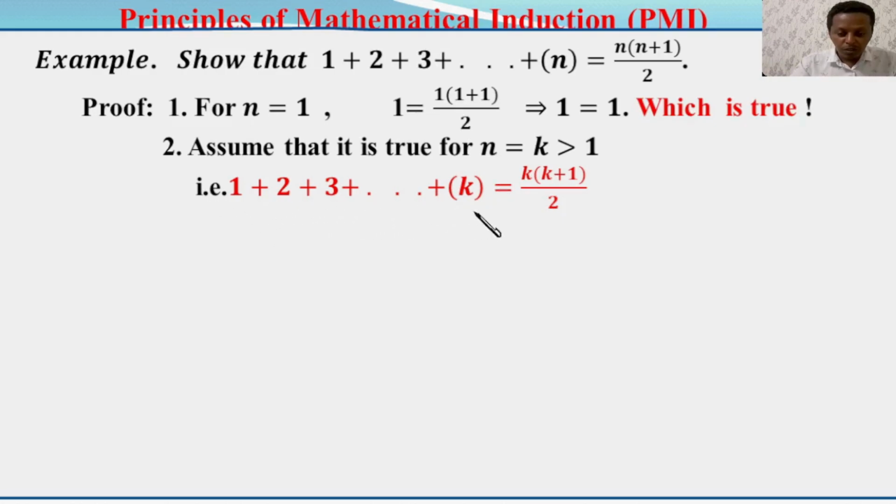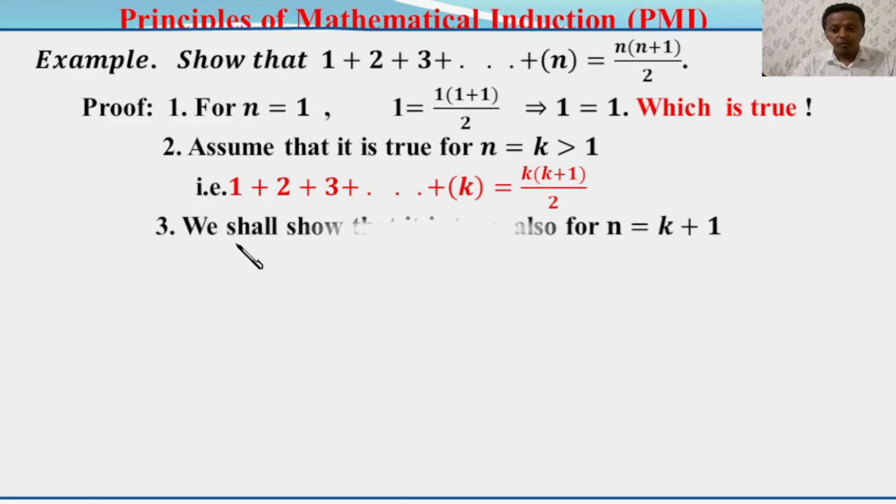Now based on this assumption, we are going to show the statement is true also for k plus 1. We shall show that it is true also for k plus 1. So if we prove it is true for k plus 1 also, then inductively the given statement is true for every natural number.